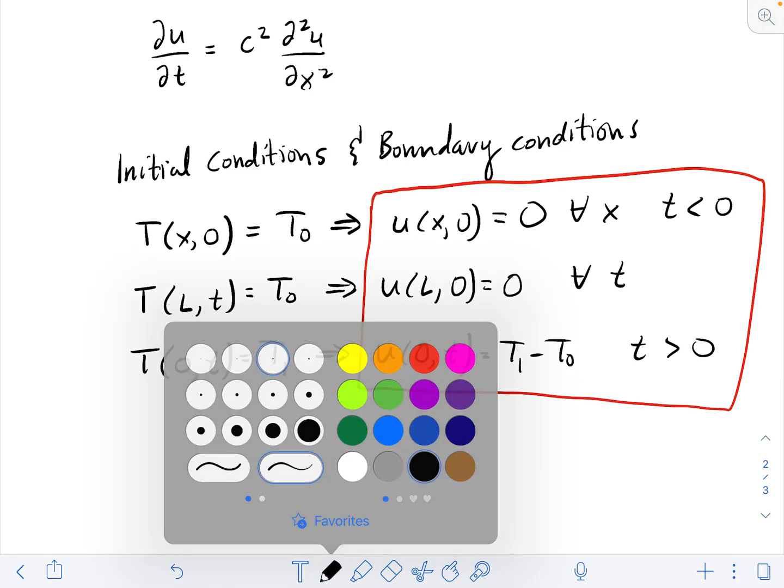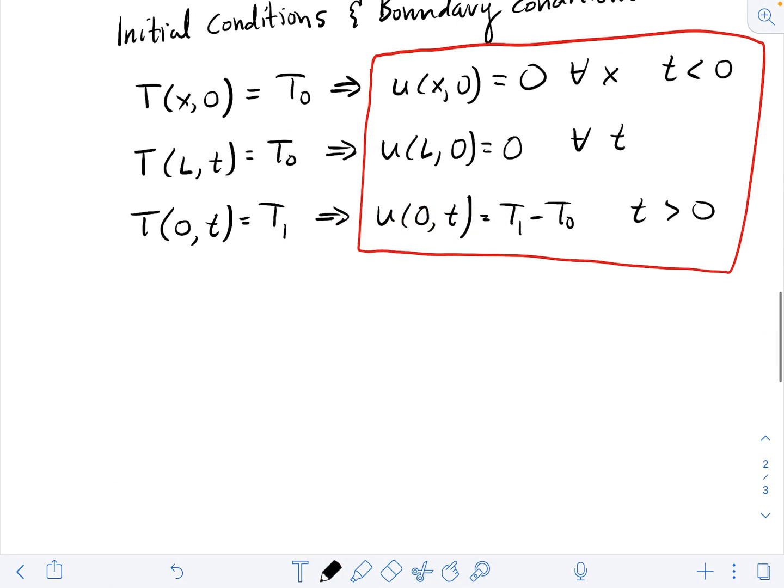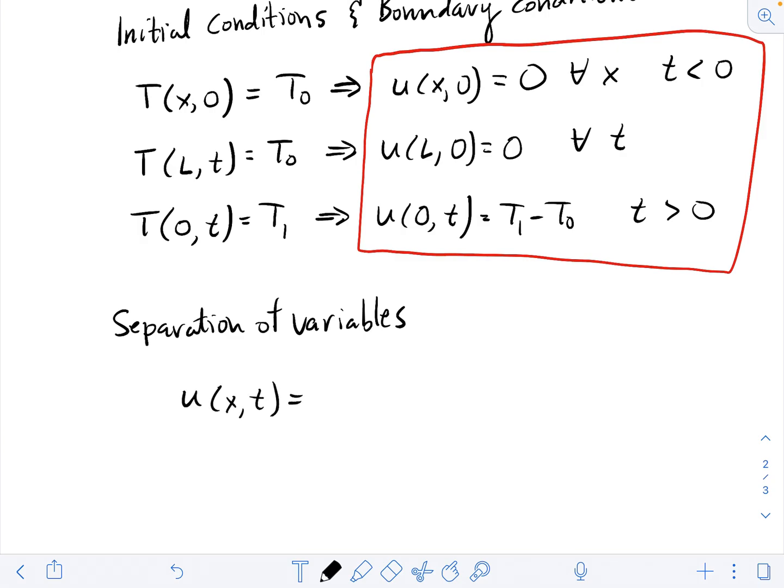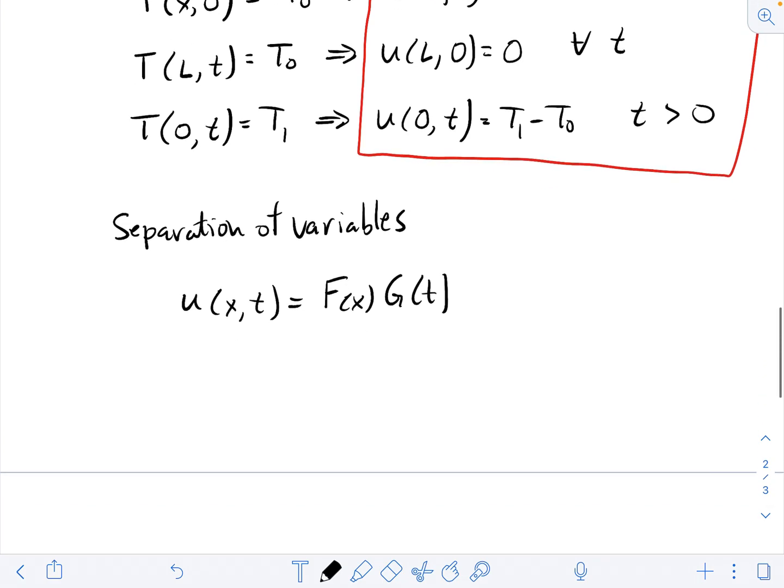differential equation. Okay, the method we're going to use is separation of variables, and no doubt you've seen this before. So what we're going to say is U, which is a function of position and time, let's suppose that we could write that as a function of x times some other function of time.